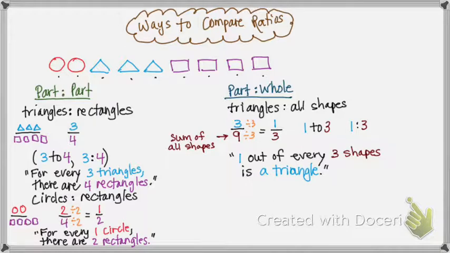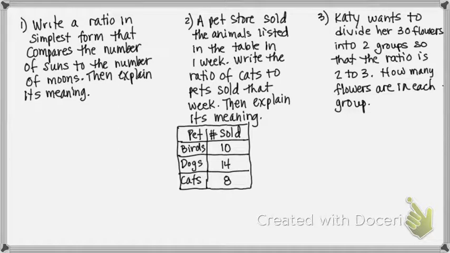All right, so I'm going to go to my next screen and I'm going to pause for a moment. I'm going to write a word problem and then I'm going to unpause. And so I suggest that you pause it as well, copy it down, and then come back. Okay, so basically we're going to do these 3 problems. The first one says write a ratio in simplest form that compares the number of suns to the number of moons, then explain its meaning. I've got to draw the drawing. I'll do that in a minute. A pet store sold the animals listed in the table in 1 week.